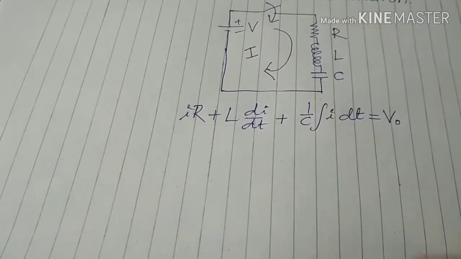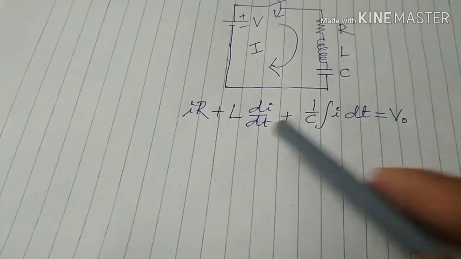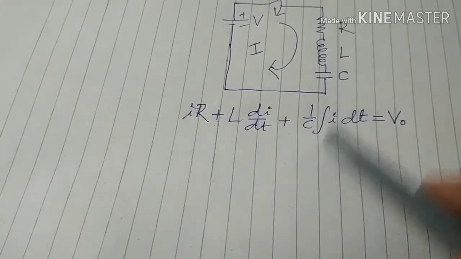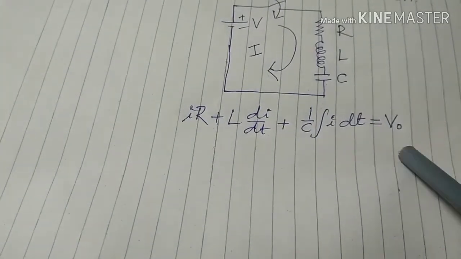I R plus L di by dt plus 1 by C integral i dt equal to V naught.